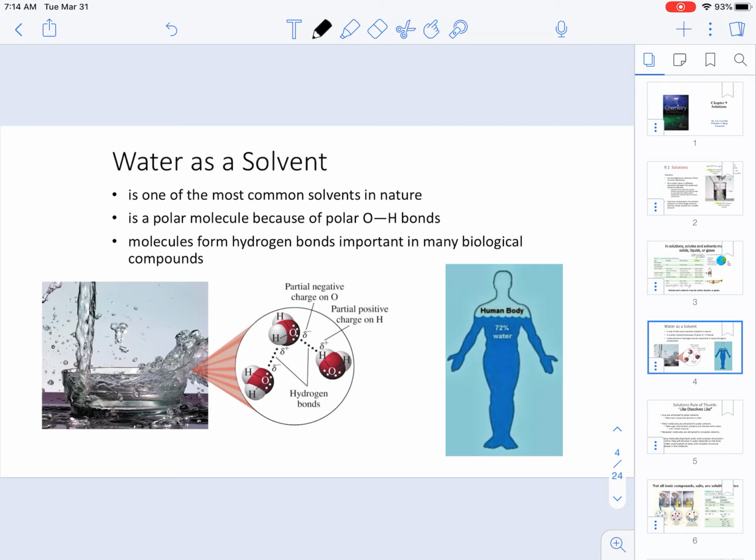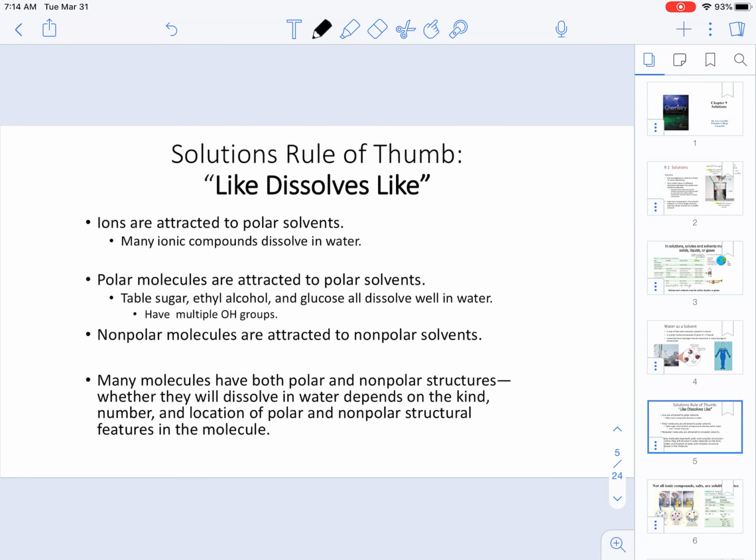Now, because water is the most common solvent, we should know how things interact with water, or in general, how things interact with solvents. So now we have to define what is the rule of thumb when it comes to making solutions, which is that like dissolves like.